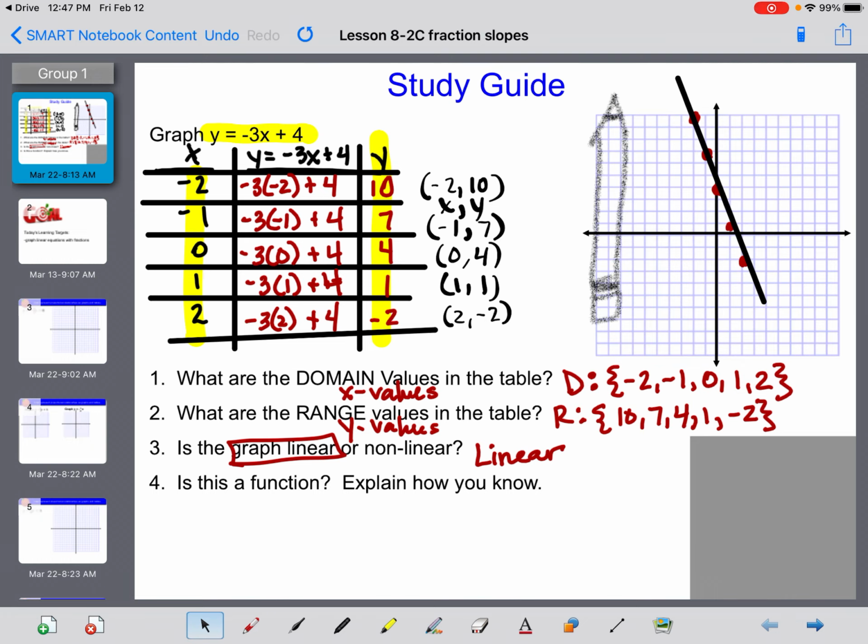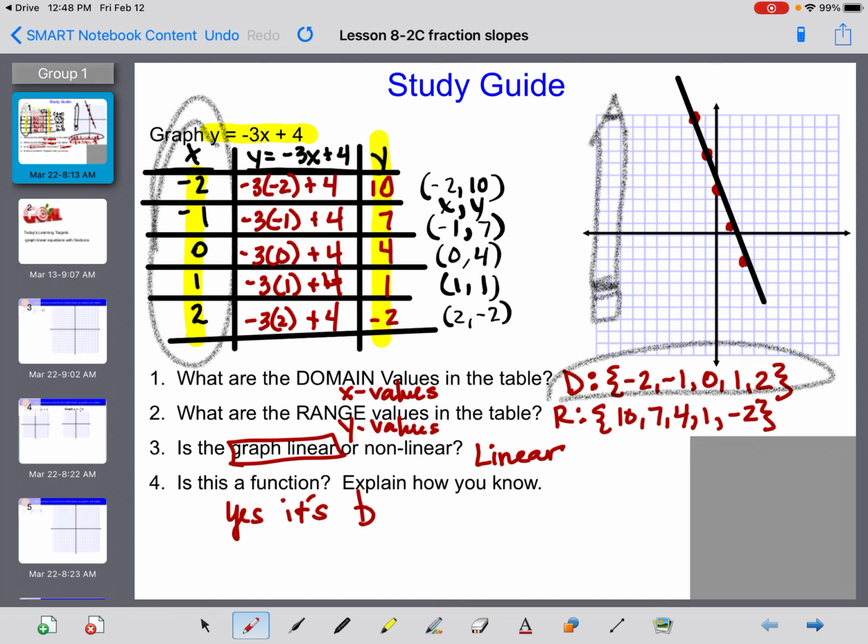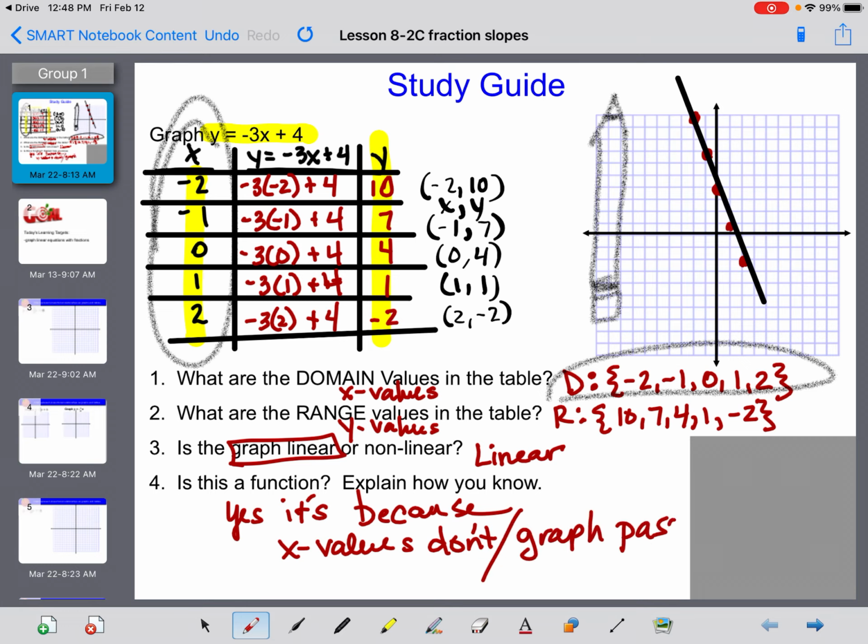Also, I can look at my domain values. Do any of my x values repeat? No, none of them repeat. And so I would say, yes, it's a function because x values don't repeat, or because the graph passes the vertical line test.